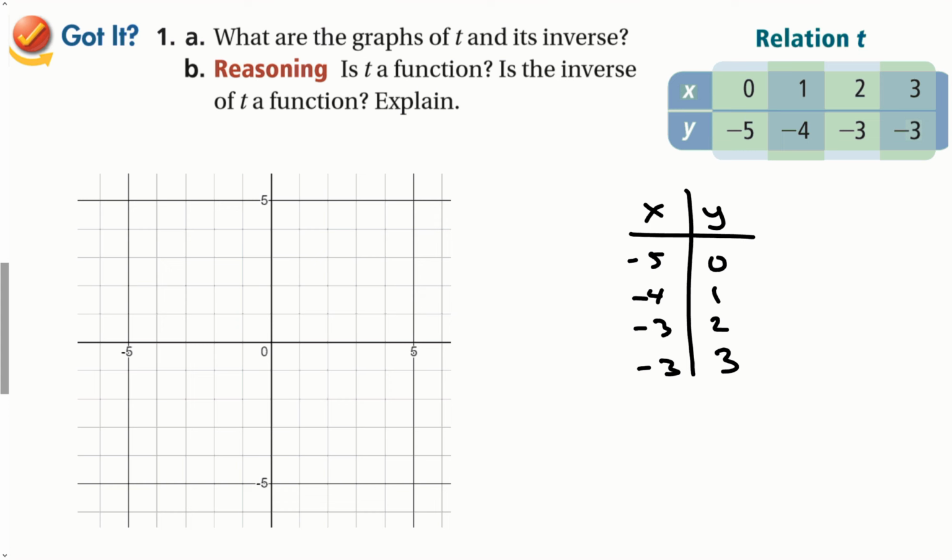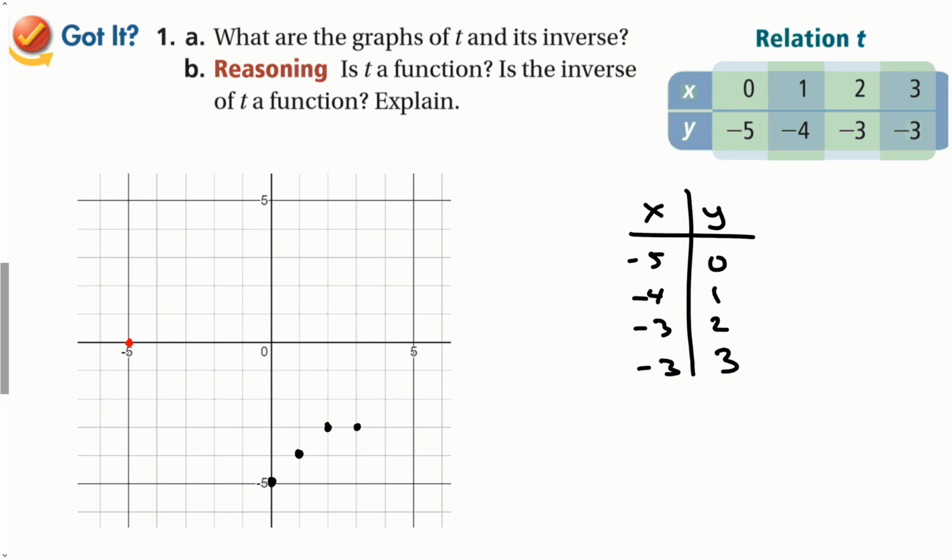Let's graph both of these. 0, -5 is down there. 1, -4, 2, -3, and 3, -3 as well. So there's my relation. Here is the inverse.